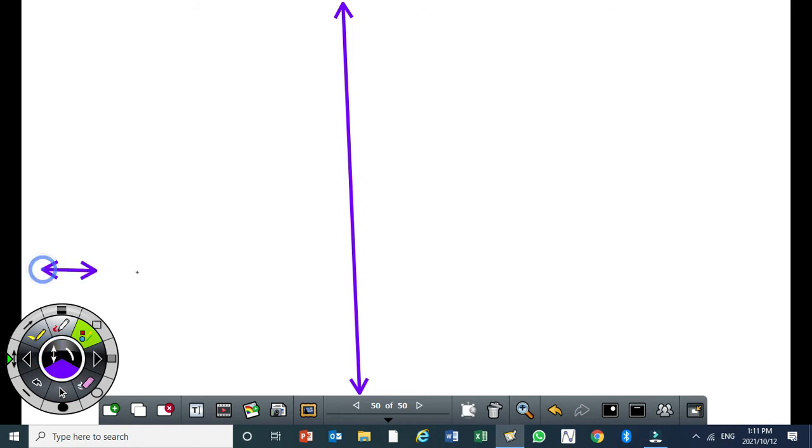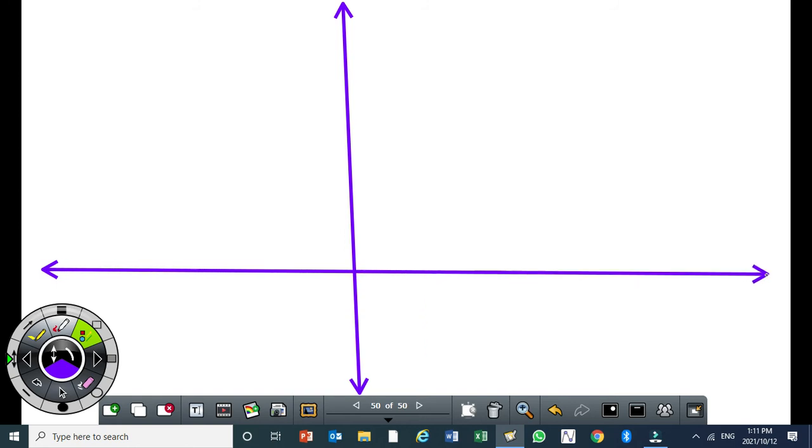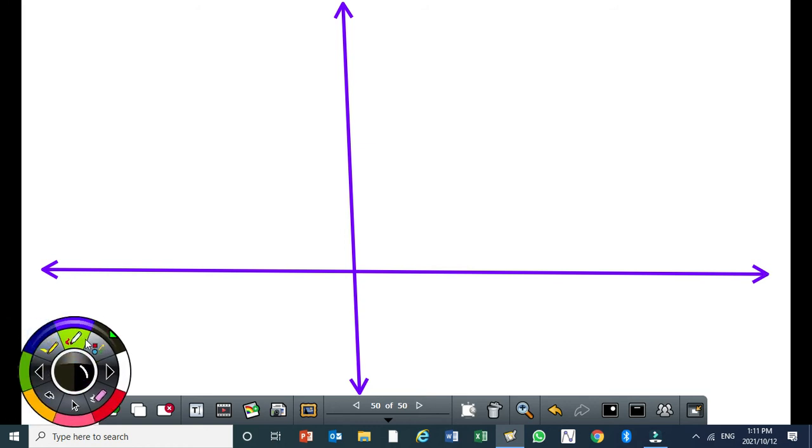So let me draw it like that. Okay. So let me calculate that. So my x, if I make this one 1, that's 2. Minus 1, minus 2. We make this one minus 2, that one could be minus 4. So this will be positive 2, positive 4, positive 6.